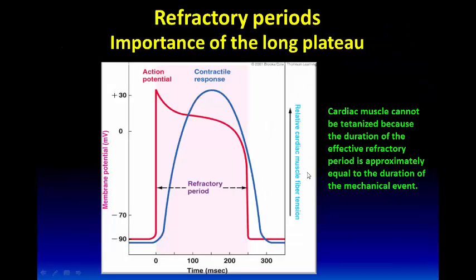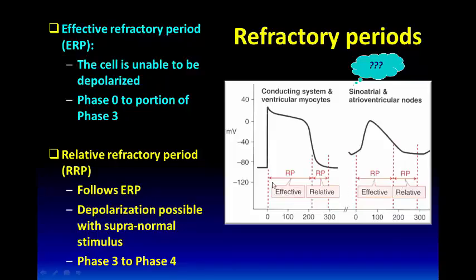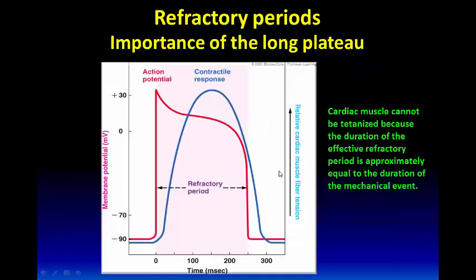Now, the long effective refractory period of the myocyte is important. The physiological significance of the long effective refractory period lies in the fact that because of this long refractory period, cardiac muscle cannot be tetanized, cardiac muscle cannot undergo continuous contraction.